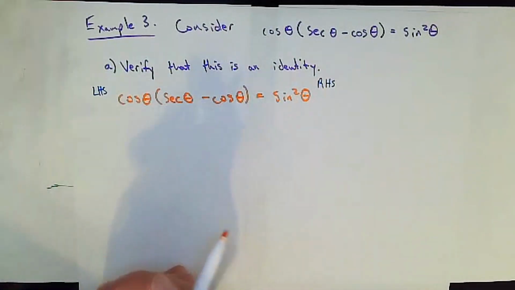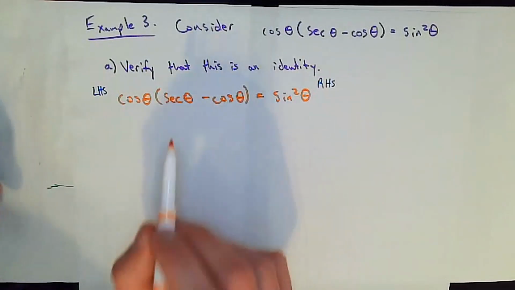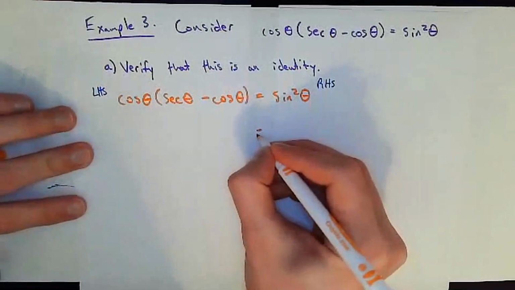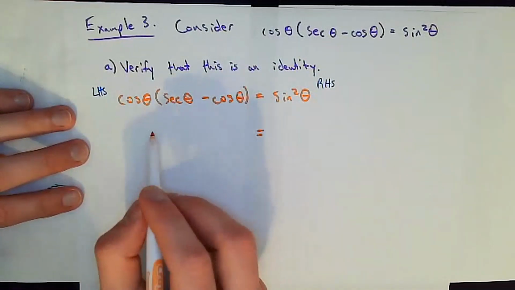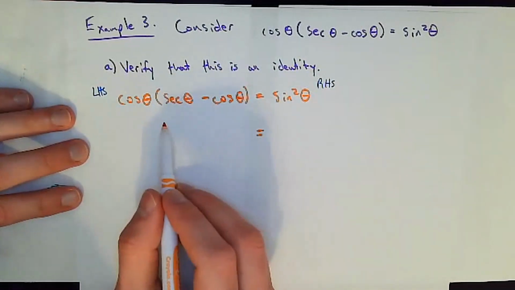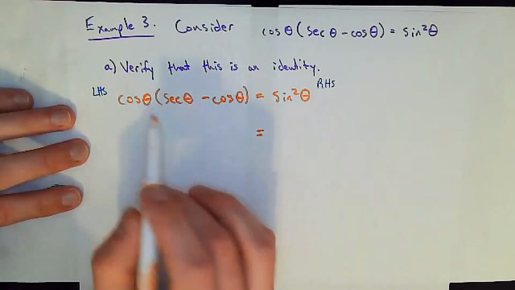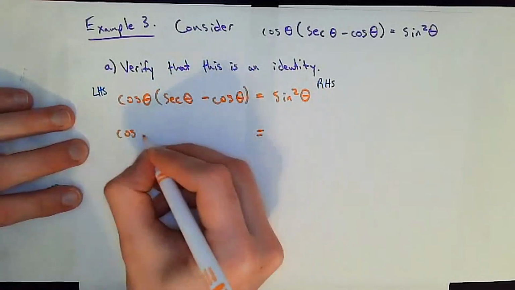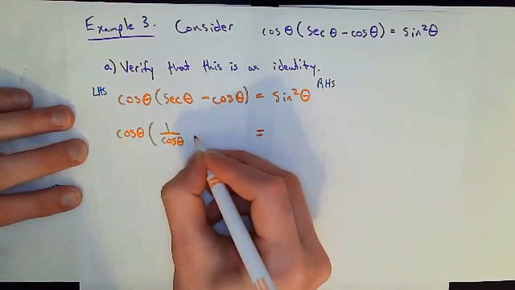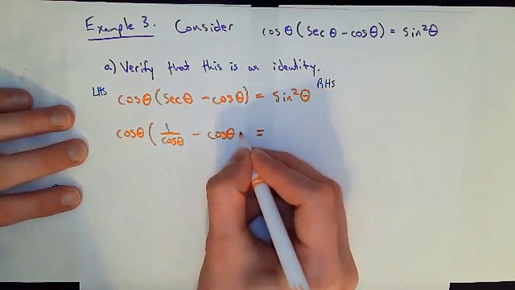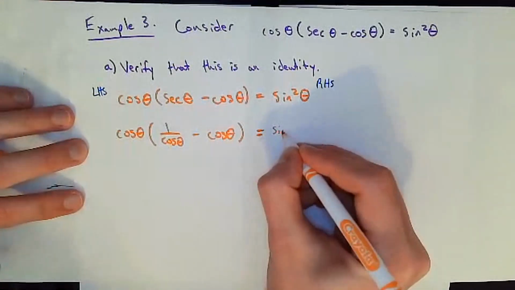Since there's more going on over here that I can work with, I'm going to work with this side. I'm going to put an equal right down the middle. And I'm going to say, okay, what can I do here? I could go ahead and distribute the cosine, but what I'm going to do is first write the secant in terms of sines and cosines. And what is that relationship for secant? It's 1 over cosine. So let me clean that up first. And that's still equal to sine squared.